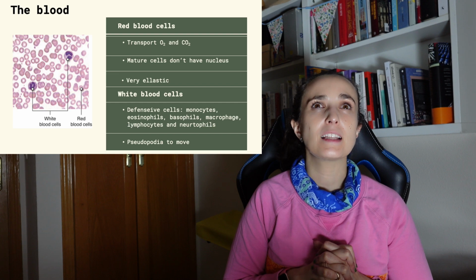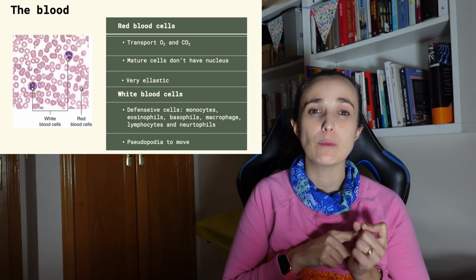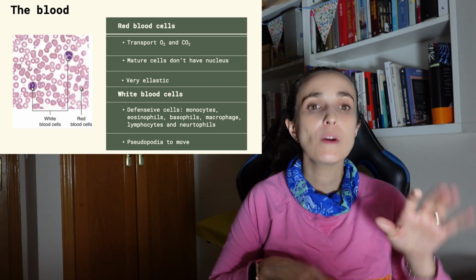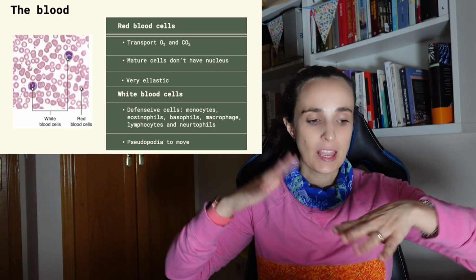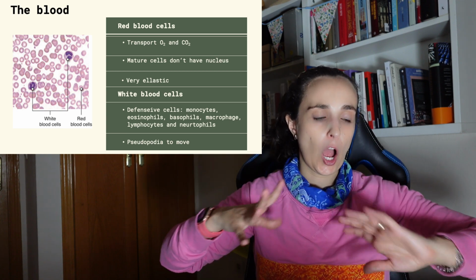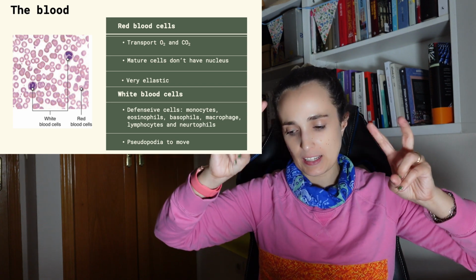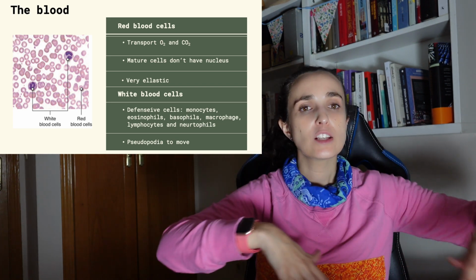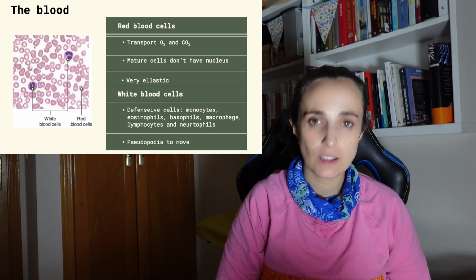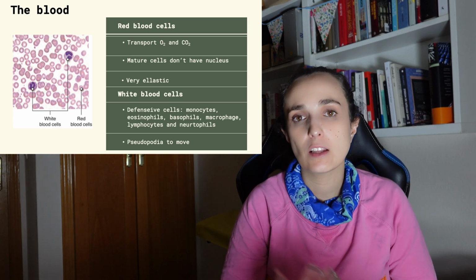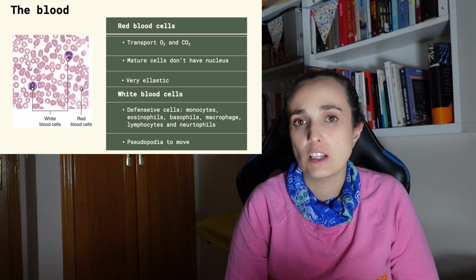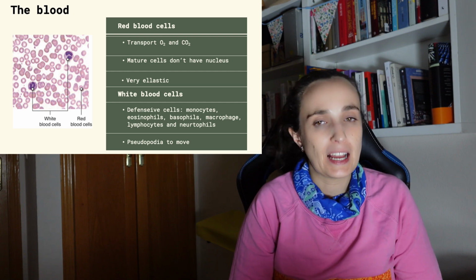But it is interesting that white blood cells can move with pseudopodia, so they can modify their shape to take like arms outside, so they can walk through the cells looking for pathogens or unrecognized cells or whatever.